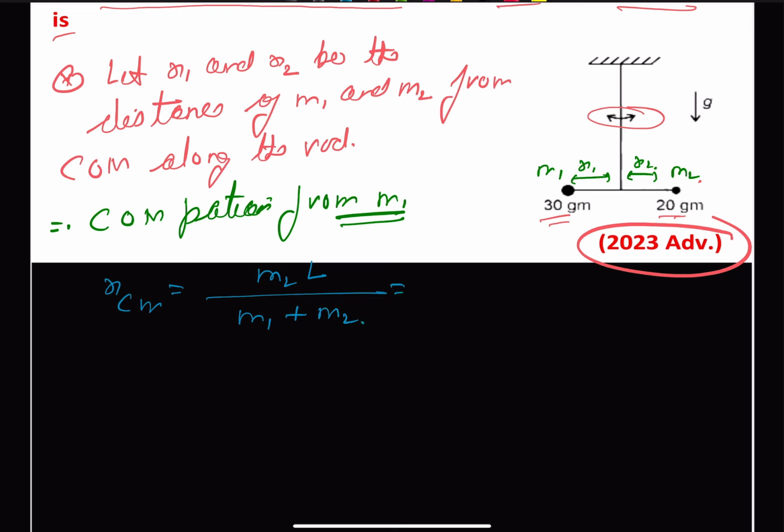which comes as, one second, this is our M2 and this is M1, x2 and x1.